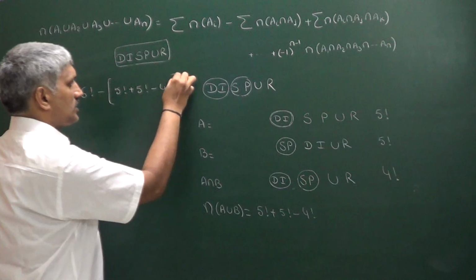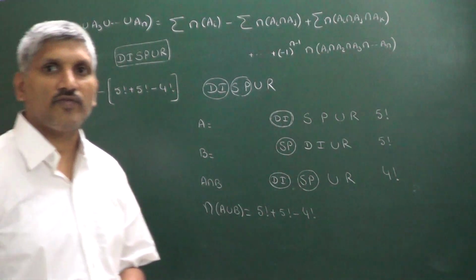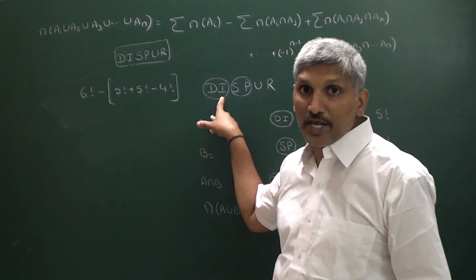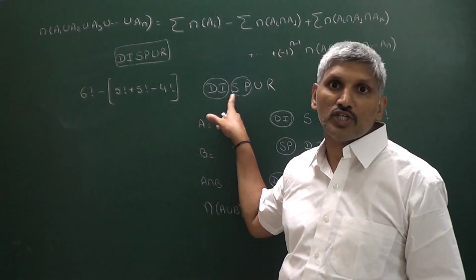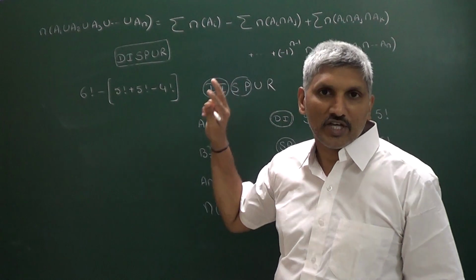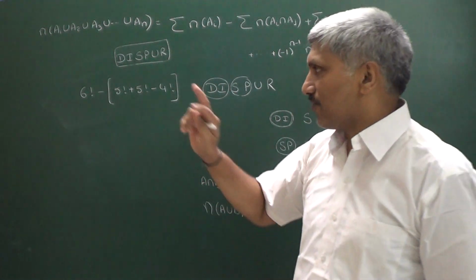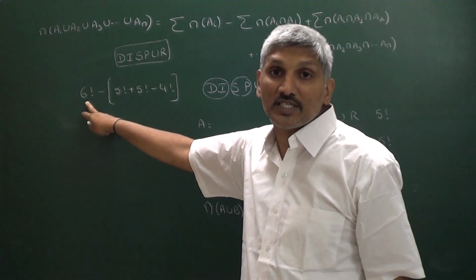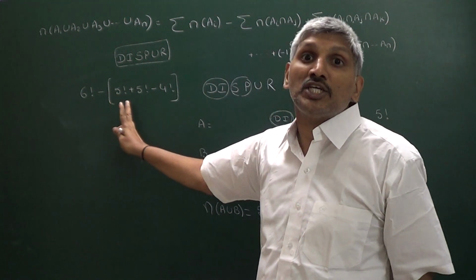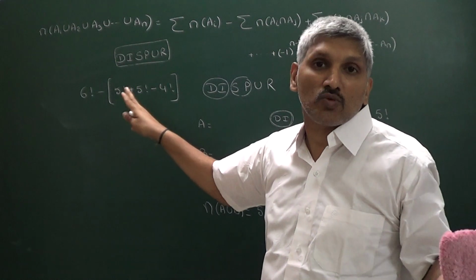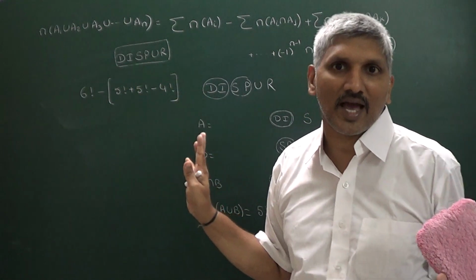So this is the answer for the number of different ways to arrange all the letters of the word DISPUR so that neither DI nor SP appears. From the total number of possibilities I am subtracting at least one of DI or SP appears.